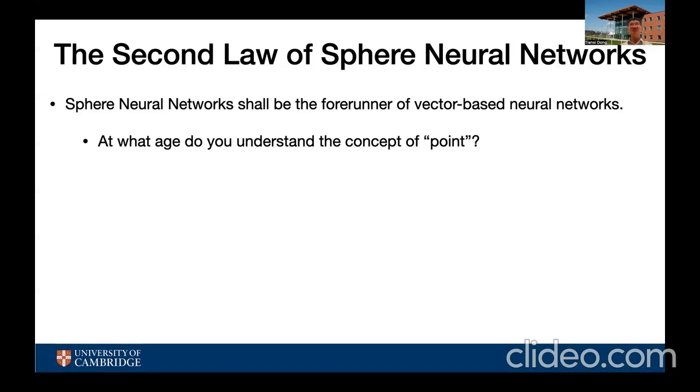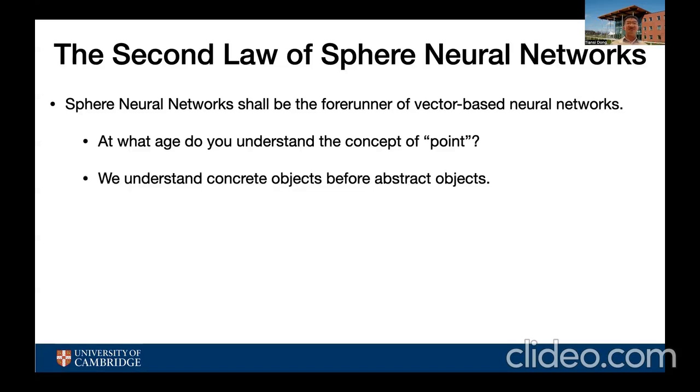So if we use neural network to simulate how our mind works in the stage before you go to middle school, there's no concept of point. Then we should represent these concrete objects. We understand concrete objects before abstract ones.